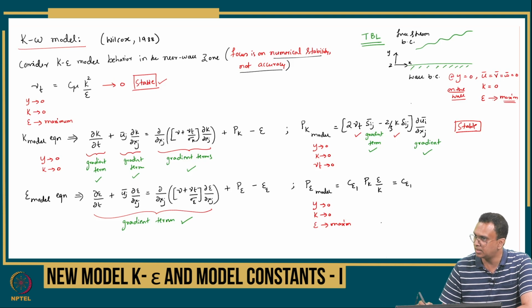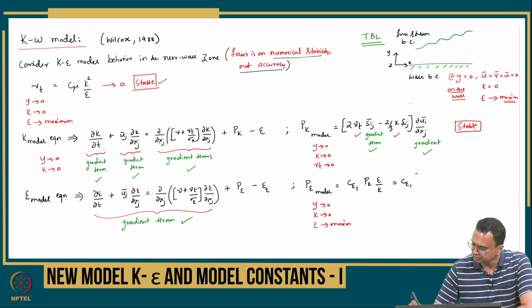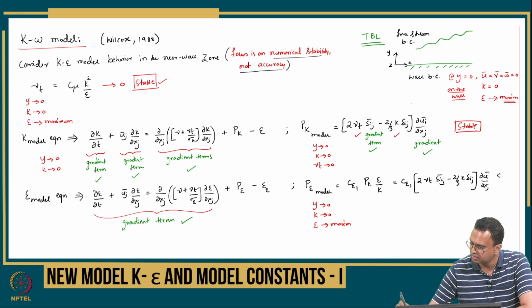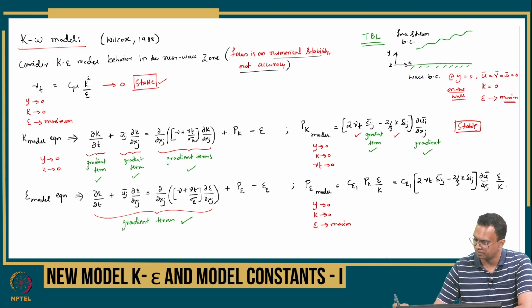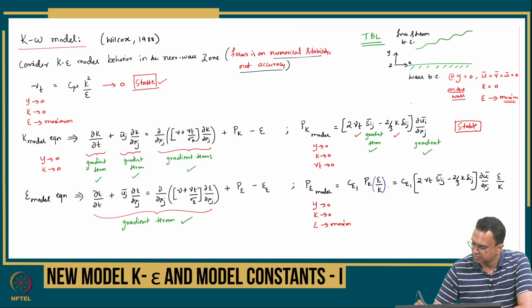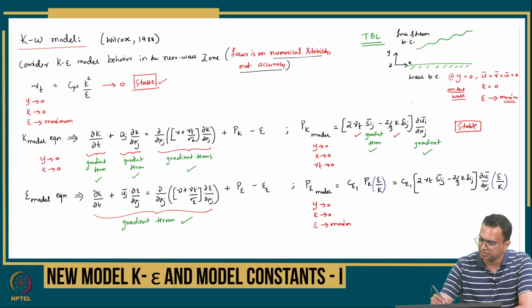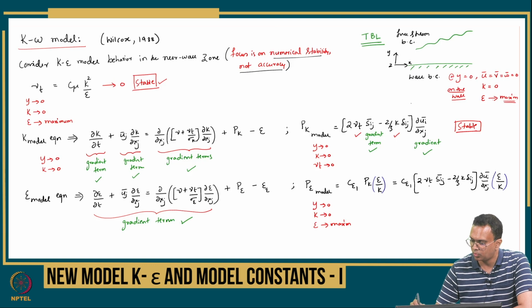So now if I expand it, I will get the Pk, which is 2 νt S̄ij minus 2/3 k δij, ∂ūi/∂xj followed by ε by k, right? So I have here ε by k, ε by k. So now what is νt? νt is Cμ k² by ε, right?